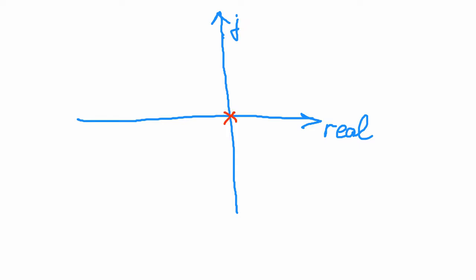One of the poles is here, the other one is here, -4, 0, and the other one is located here, 8, -8.